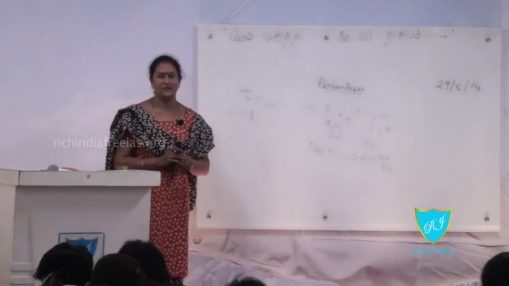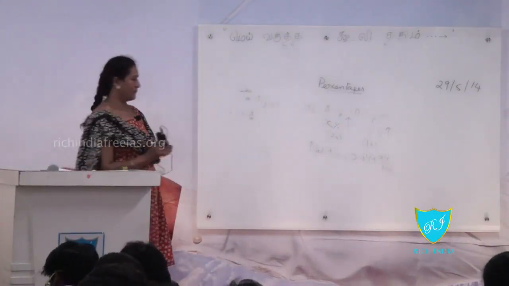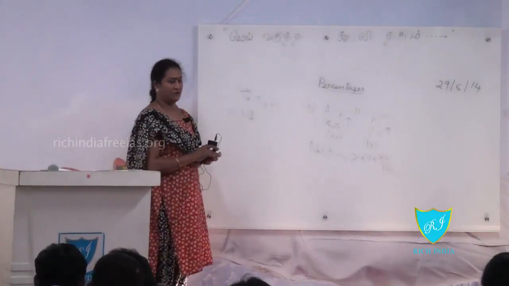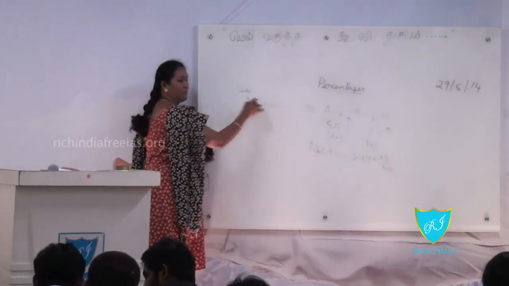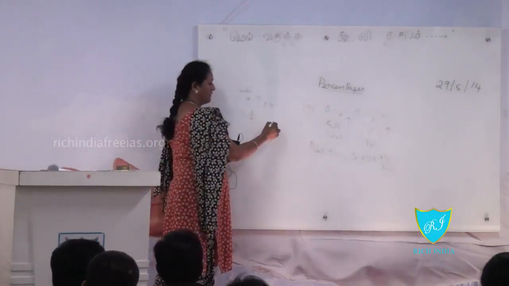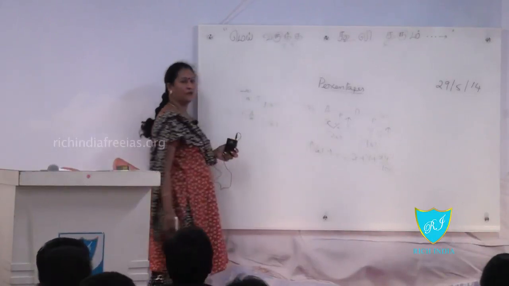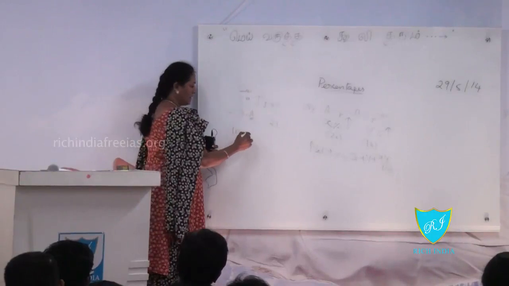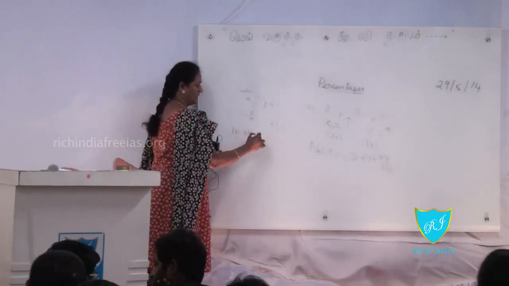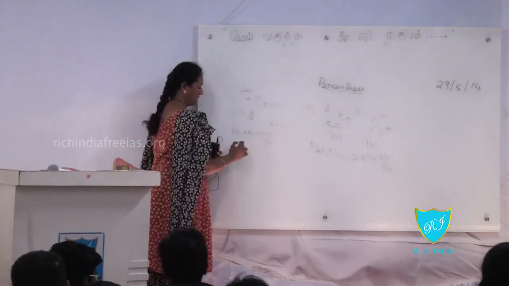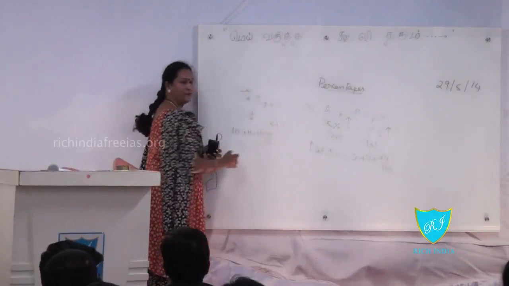So the single increase will be 10 plus 10 plus 10 into 10 by 100, which is 21%. One side is increased by 10, another side is also increased by 10, plus 10 into 10 by 100, so it is 21%.